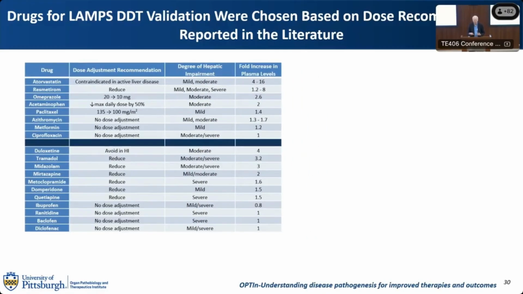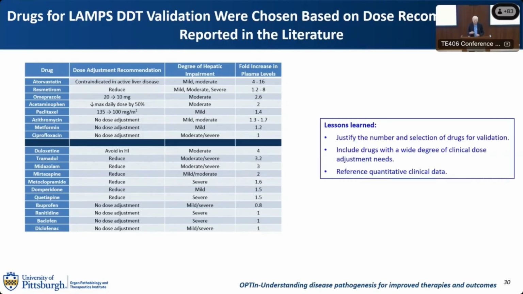And so we've added a number of drugs to the list. And we've also added, okay, here is in the literature what the fold increase in plasma levels is in the different disease states of hepatic impairment relative to the non-disease state. And so we have a more complete list here with a range of different plasma change levels in the disease.